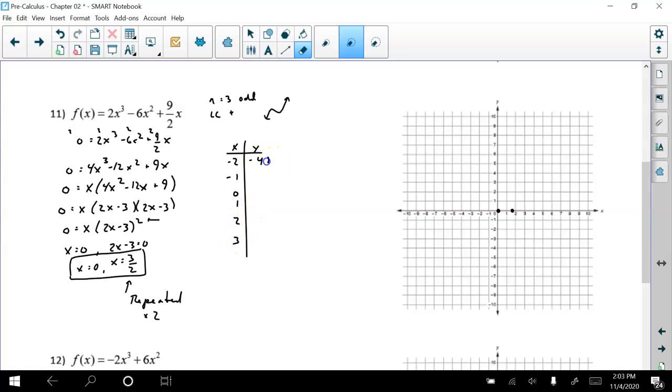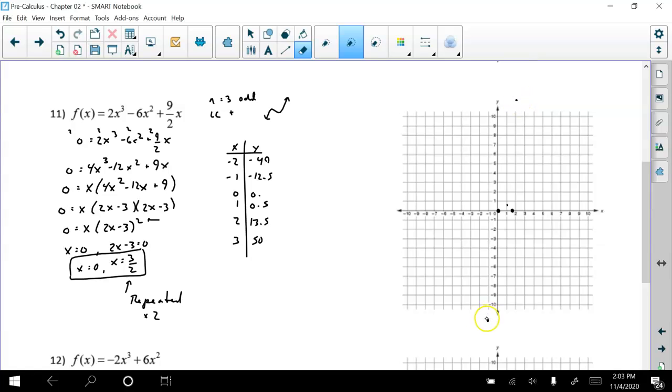So -49, -12.5, 0, 0, 0, 1.5, 2, 13.5, and 3, 50. So -2, -49 is way off the graph. Then we're getting a little bit closer to the graph. Then we're at 1 and we're at 0.5. And then we're at 13.5 for 2. So it's way off the graph.